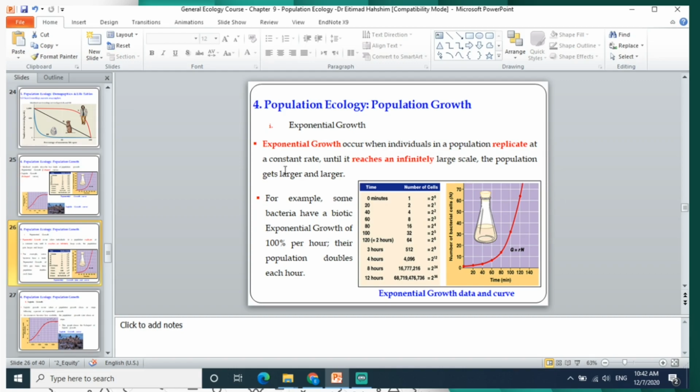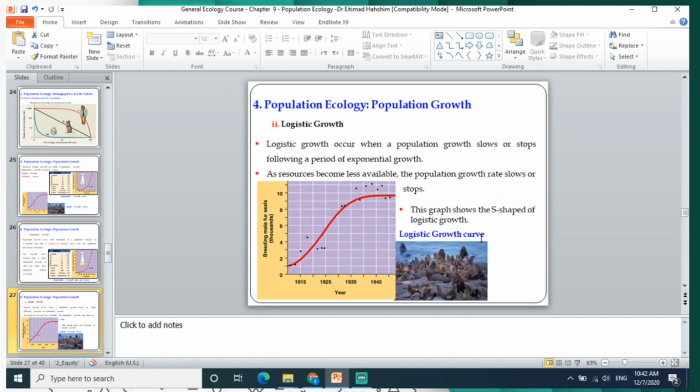For example, some bacteria have an exponential growth curve per hour. Their population doubles each hour, so it reaches infinity. So when scientists draw a curve for it, it will be a J curve. We call it an exponential curve.